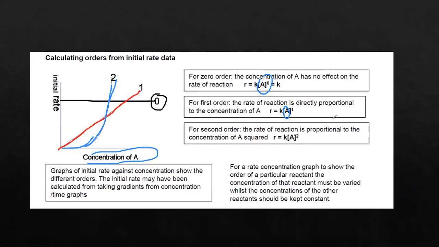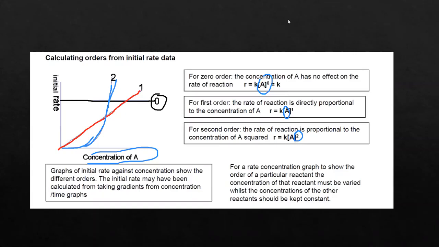And square here refers to a second order with respect to A. So if I double concentration, rate will be 4 times, triple concentration, rate will be 9 times. These are the shapes which we observe for concentration and rate.